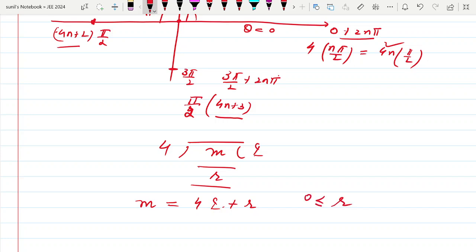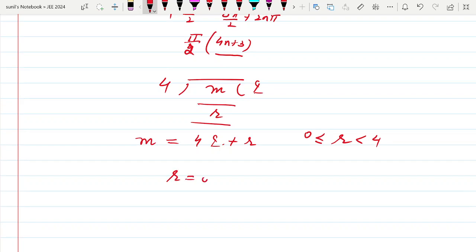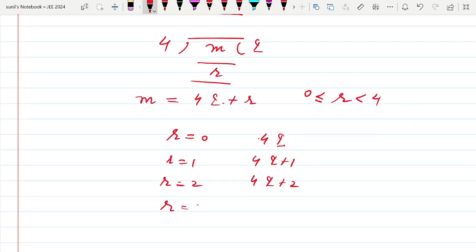Remainder can be 0 but less than the divisor. Now see, when r is 0, your number is 4q type. When remainder r is 1, the number is 4q plus 1. When the remainder is 2, the number is 4q plus 2 type. And when the remainder is 3, the number is 4q plus 3 type.